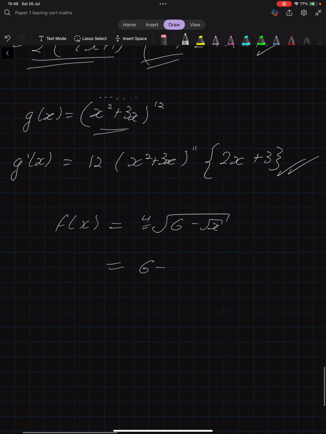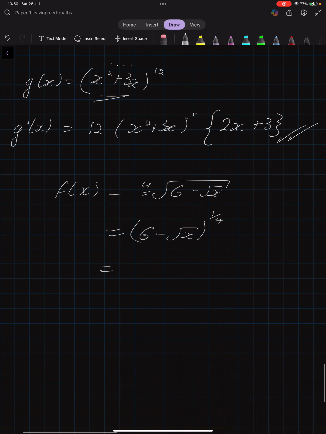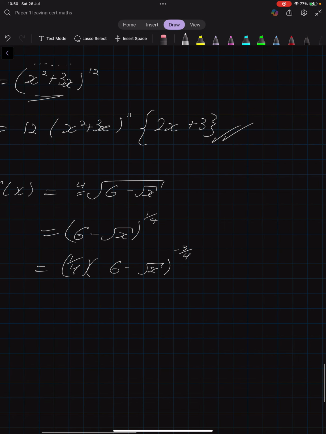This is 6 minus root x to the power of a quarter. Again, if this was just x to the power of a quarter, what would I do? The quarter would come down, and I would minus 1 off the power. Grand. But now, remember, I need to multiply by the derivative of the thing I pretended was x.